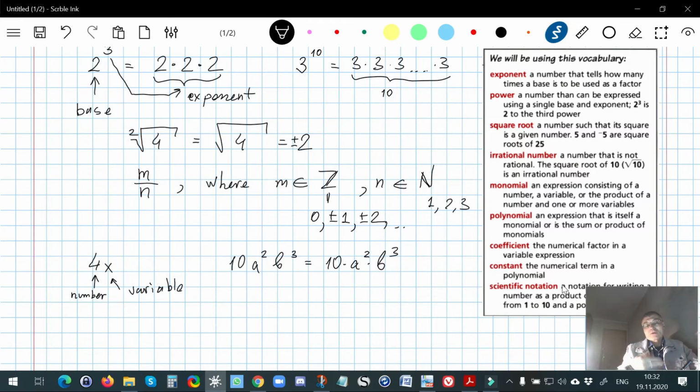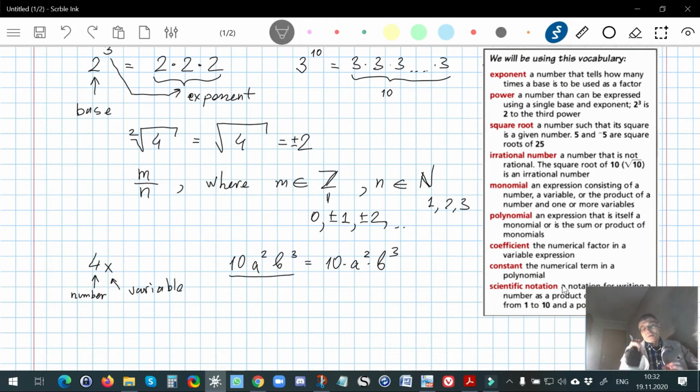This is the common way to write it without any dots, but we understand that this is a product. Otherwise we would write explicitly plus, minus, or a division sign. So a monomial is an expression consisting of a number, a variable, or the product of a number and one or more variables.